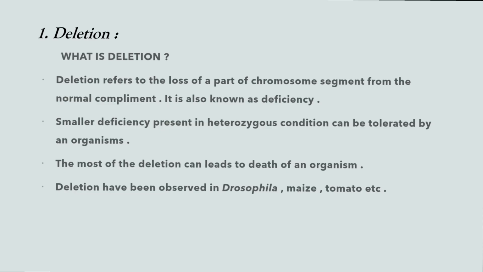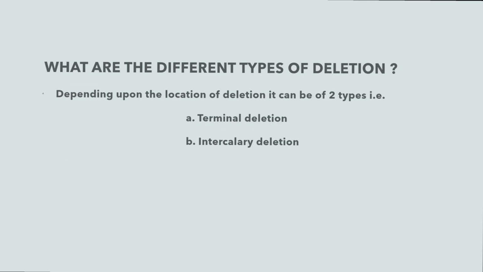A smaller deficiency present in heterozygous condition can be tolerated by an organism. Most deletions can lead to death of an organism. Deletion has been observed in Drosophila, maize, tomato, etc.